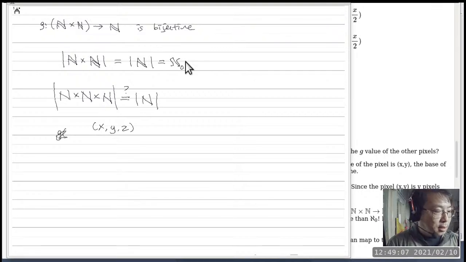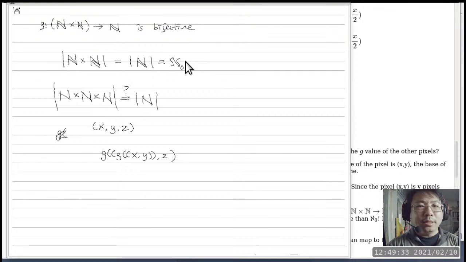So for the voxel xyz, if I want to map it to a natural number, I can just apply g twice. There are several ways to apply g. I'm just going to apply it in the most natural way, which is grouping xy first, and then whatever g of xy is, I will pair that with z so that I can apply g again.